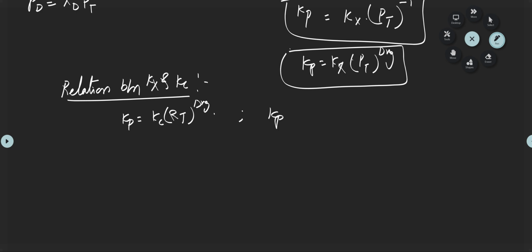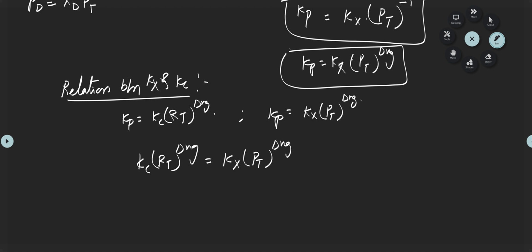One more: Kp is equal to Kx into PT power delta Ng. Equating these two, Kc into RT power delta Ng is equal to Kx into PT power delta Ng.